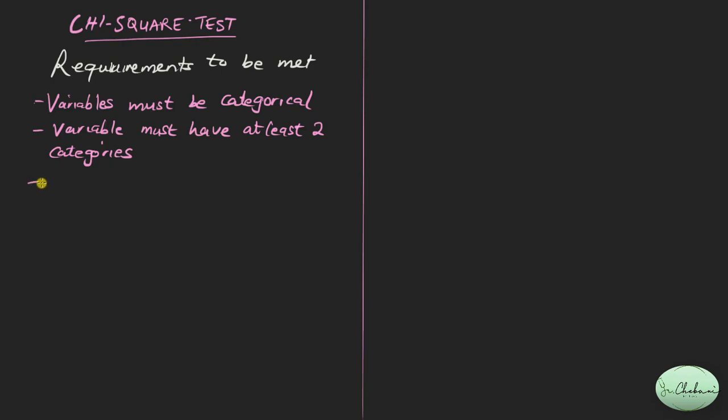Requirement number 3 is that we will later on calculate something called expected frequencies. Not more than 20% of cells should have expected frequencies of less than 5. So 20% or less of cells must have expected frequencies less than 5.